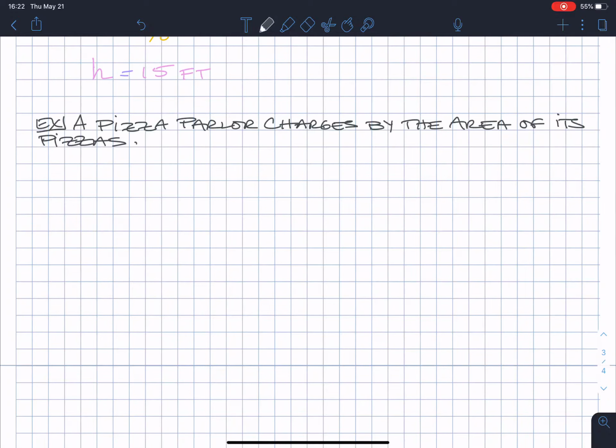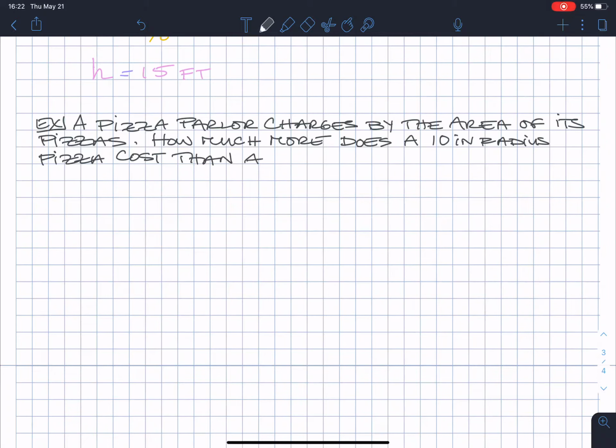So how much more does a 10-inch radius pizza cost than a 5-inch radius pizza? And I'll get to that statement in a moment.